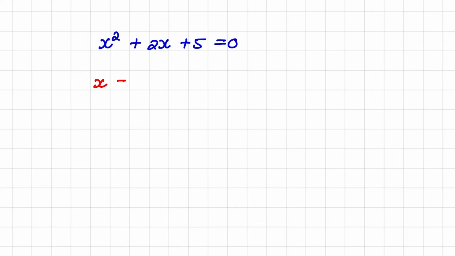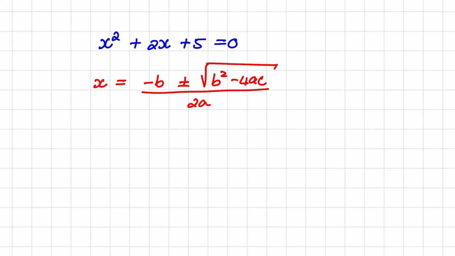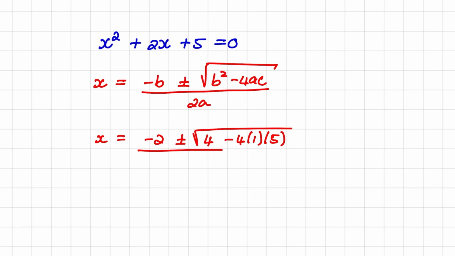That is x is equal to minus b plus minus the square root of b squared minus 4ac over 2a. So if I substitute values in, I have b as -2 plus minus 2 squared, which is 4, minus 4 times 1 times positive 5, and we take the square root of those terms over 2 times 1.